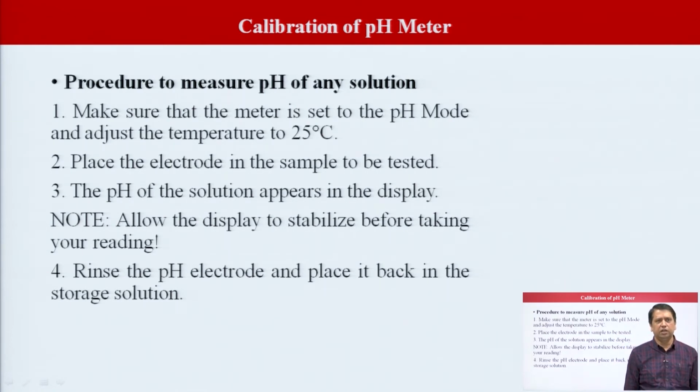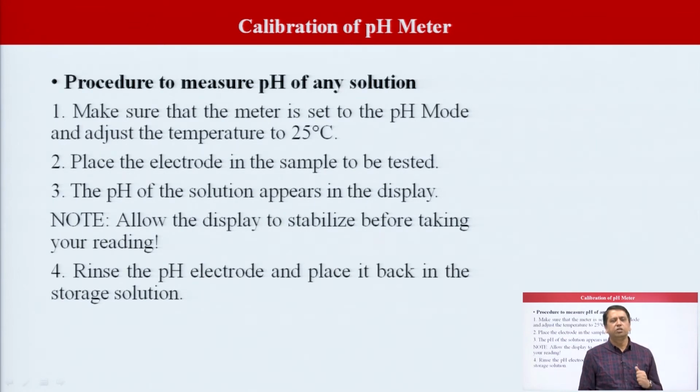This is an important thing, because the potential or the current flow may change with the change in temperature, and that is why it is always better to use the pH meter when the solution as well as the temperature of the pH meter is close to 25 degrees Celsius or room temperature.